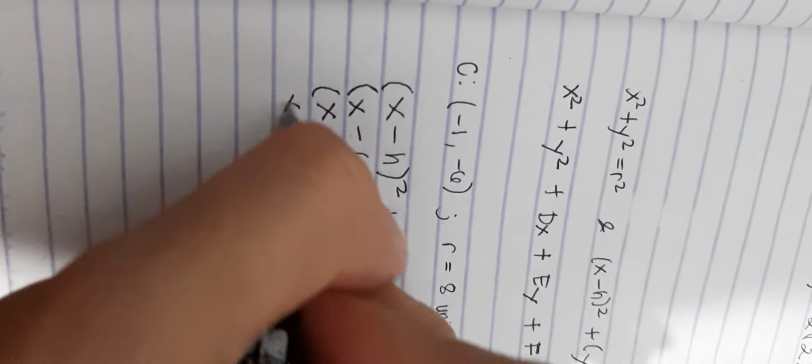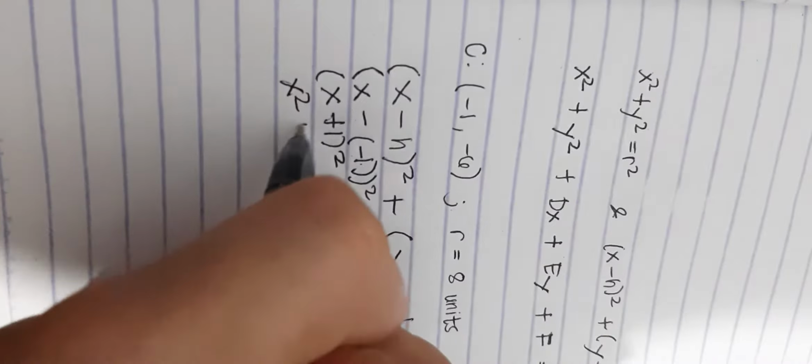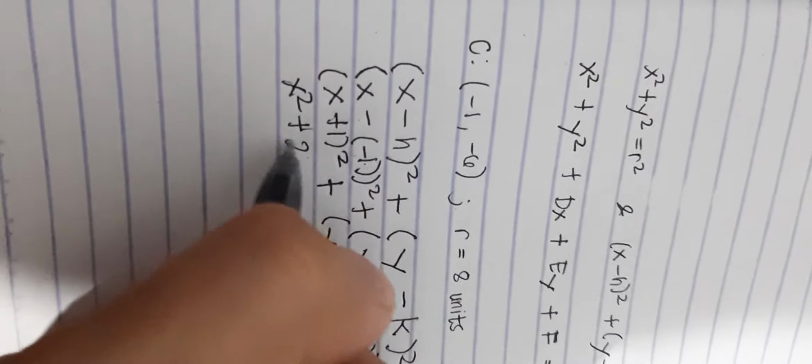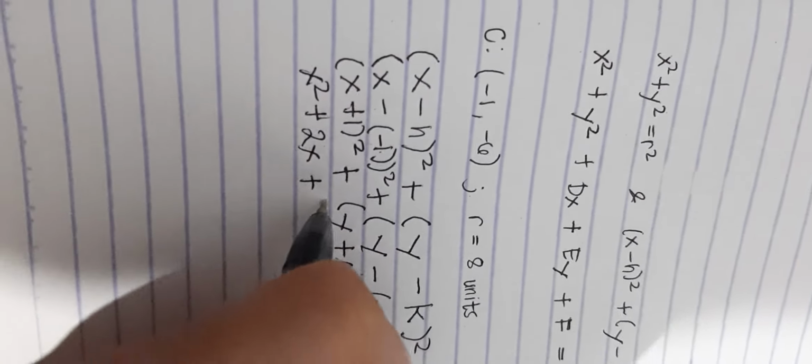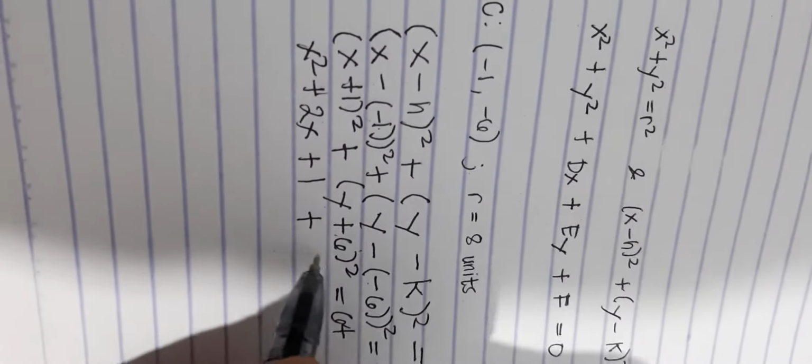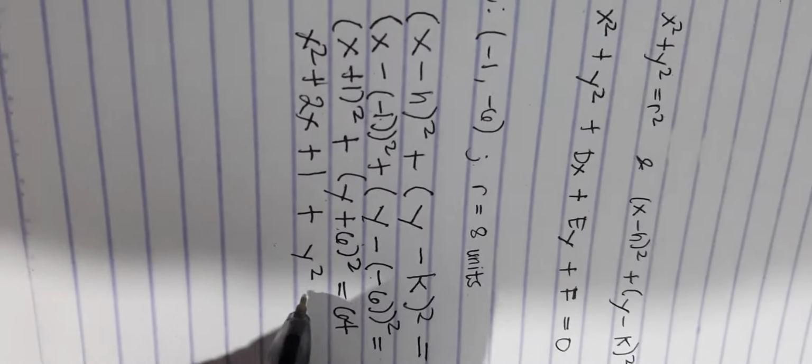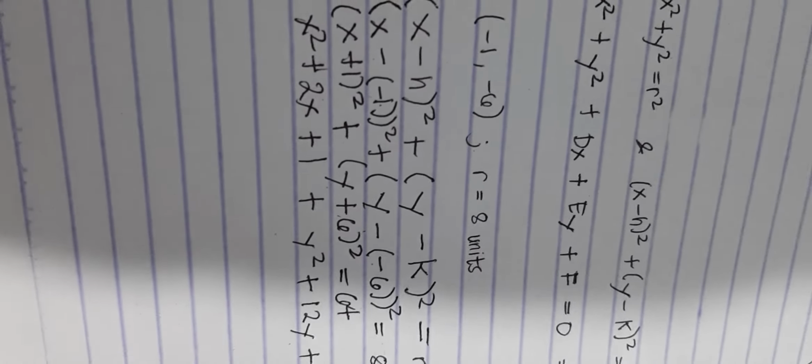So we have x squared plus 2x plus 1 plus y squared plus 12y plus 36.